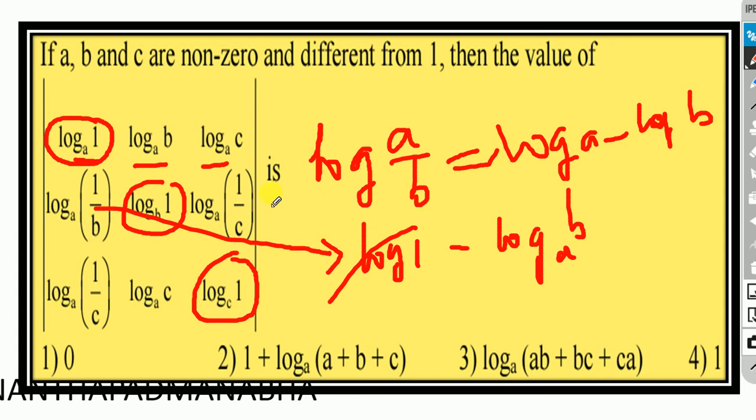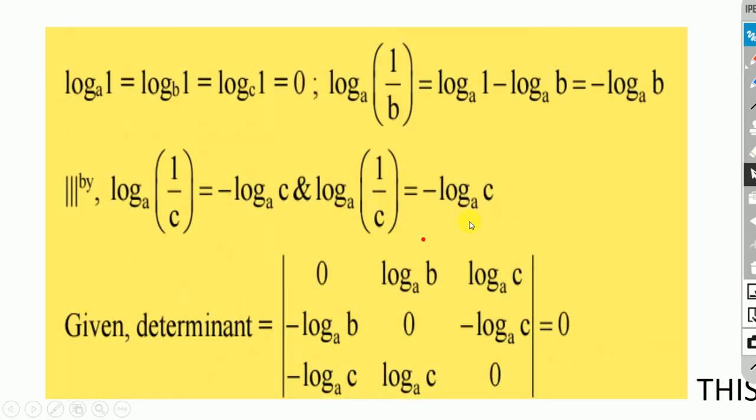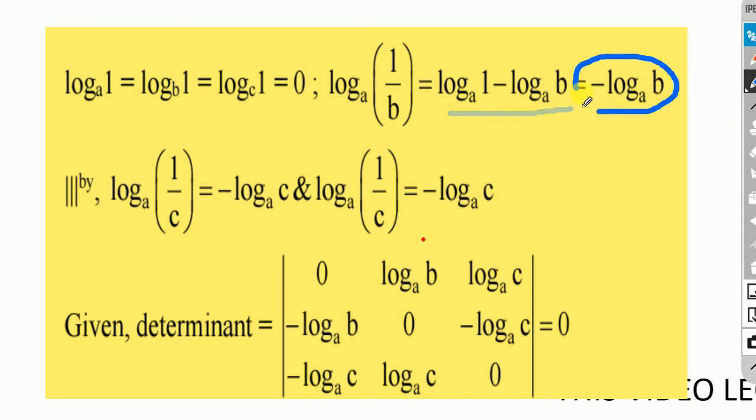So let us use this fact to simplify this determinant. Log 1 to base a, log 1 to base b, log 1 to base c is 0. Log 1 by b to base a is log 1 to base a minus log b to base a, which is equal to minus log b to base a. Similarly, log 1 by c to base a is minus log c to base a.